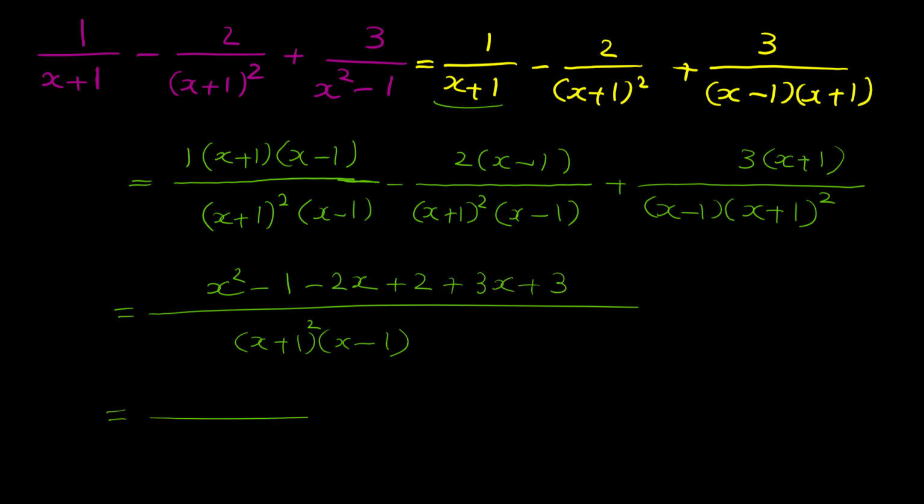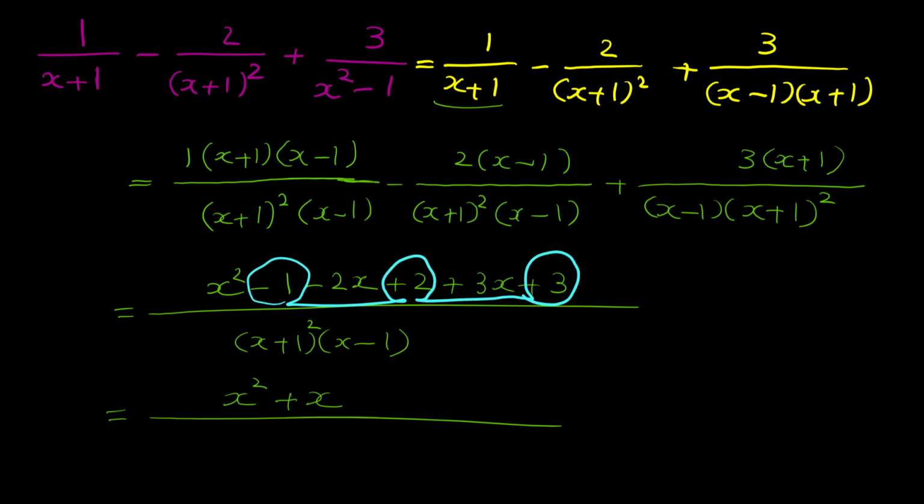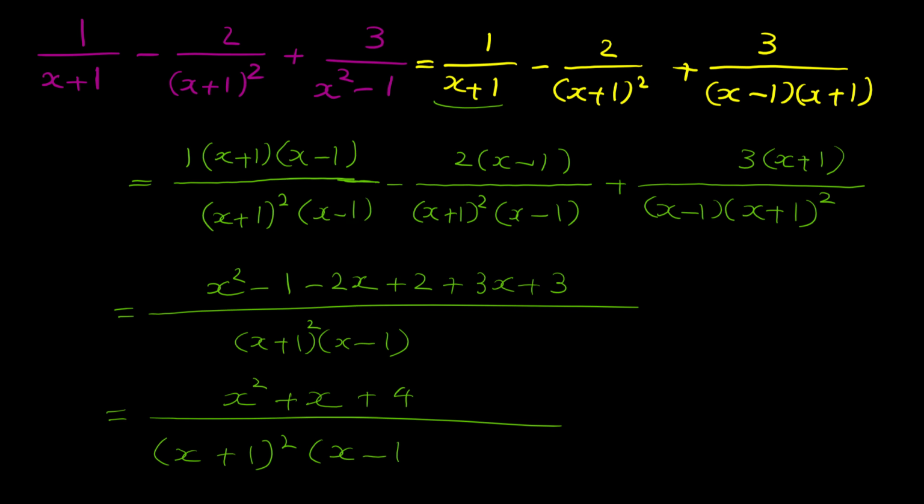If we simplify the numerator, we have x to the 2 minus 2x plus 3x, which is x, minus 1 plus 2 plus 3, which is 4. And in the denominator we have x plus 1 to the 2 times x minus 1. This is the final answer for this question.